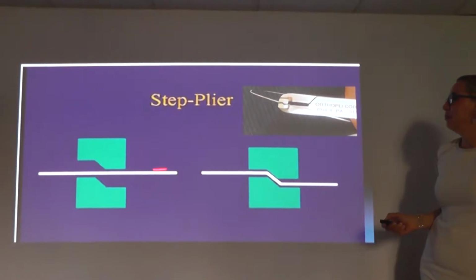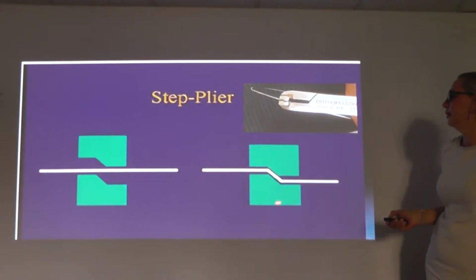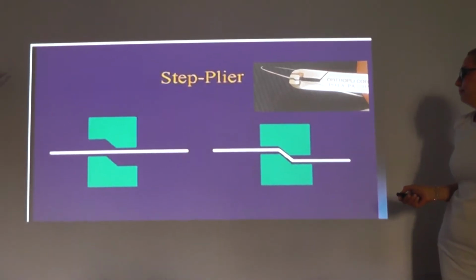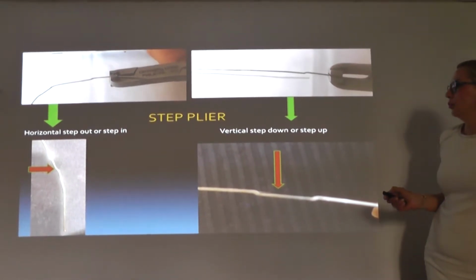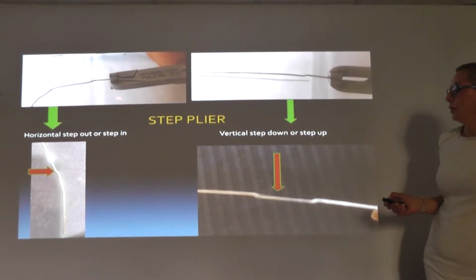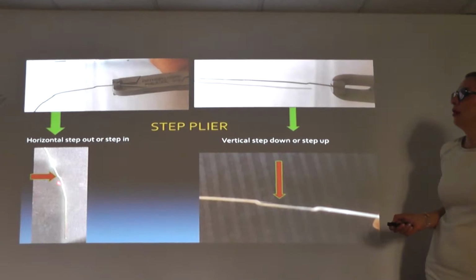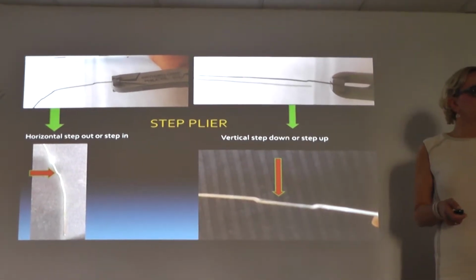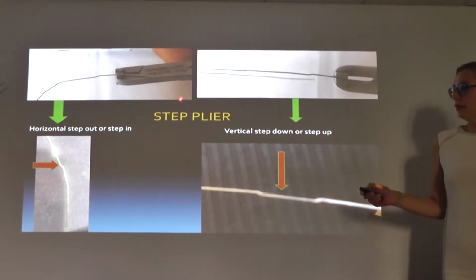This is a step plier. When I showed you, when you put the wire in this plier, you will get this step. You can do horizontal step out or step in. If you, for example, have a first molar in crossbite, you can do this bend with this plier.